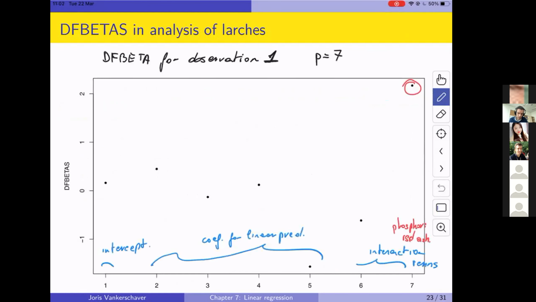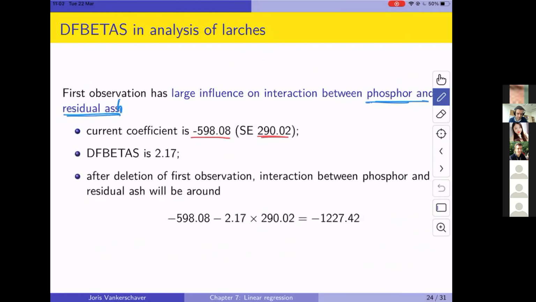And now what we see on the figure is that the DF beta for that extreme observation is about 2.17. So now we can use that to estimate by how much my coefficient is going to change if I remove that observation.